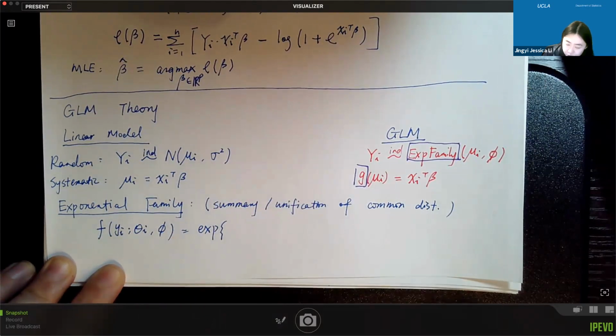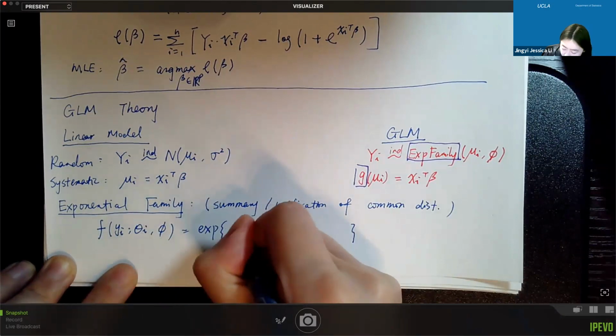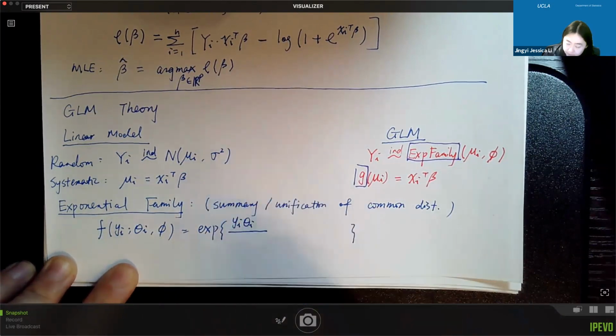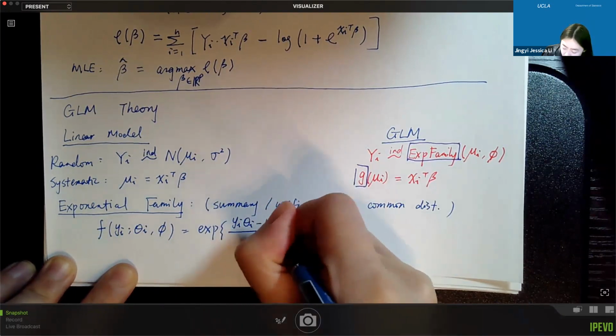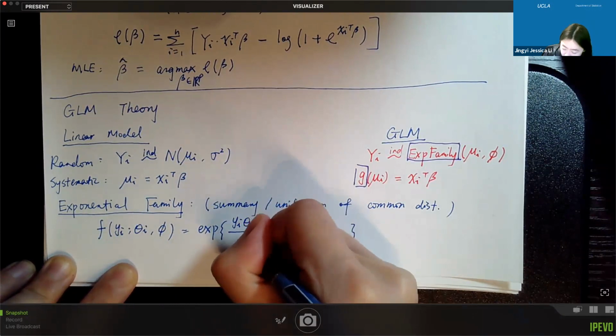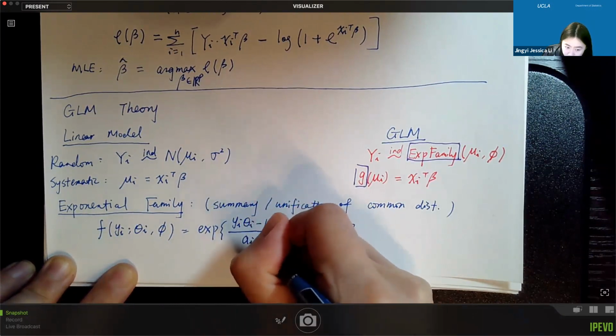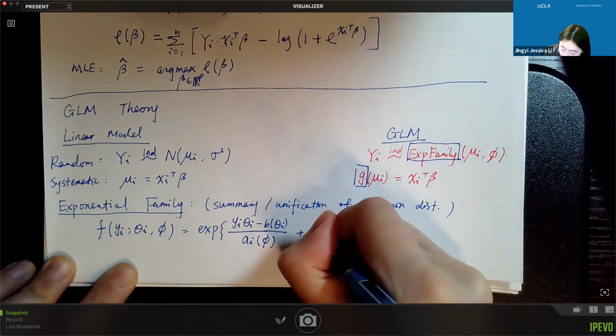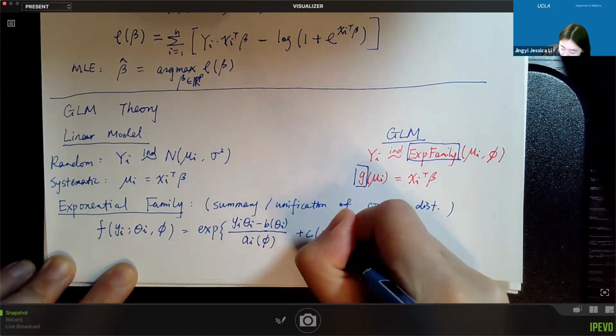Inside the exponent, we have a ratio. The first term is yi times theta i minus a function b of theta i, divided by a function a i of phi, and then plus a function c of yi and phi.